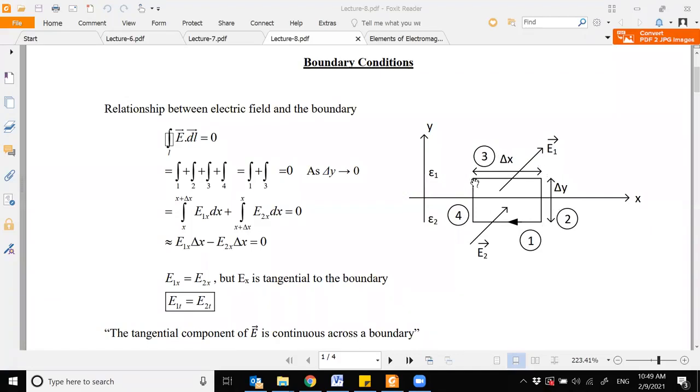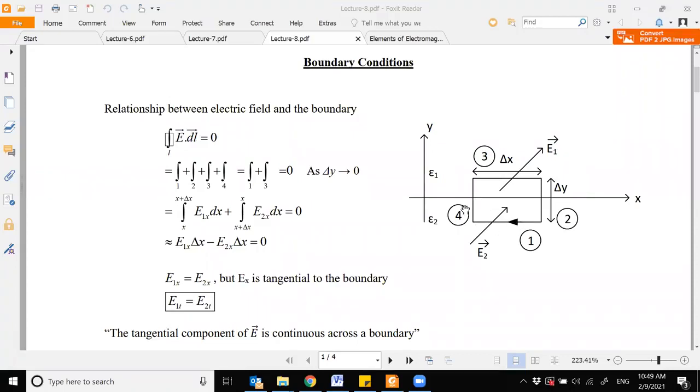So now we are applying this expression here. It is made up of integration of line 1, line 2, line 3, line 4. So 4 lines will become my closed loop. And I'm integrating in this direction. That's why I've put an arrow here. You can do it in whichever direction you want.